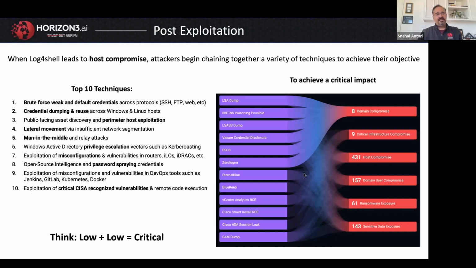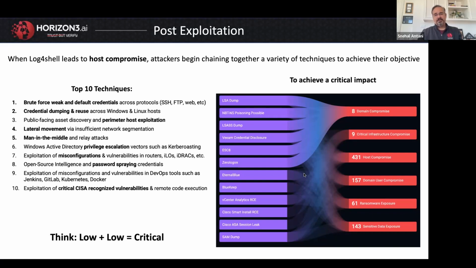You are starting to do man-in-the-middle type techniques to harvest NTLM hashes that you can relay or crack. You are looking for misconfigurations on virtual appliances that are well placed like HP iLO or Dell iDRAC. And 9 out of the 10 techniques commonly used have nothing to do with CVEs. Only one of them, number 10 listed there, might be those critical vulnerabilities that we see in the news.